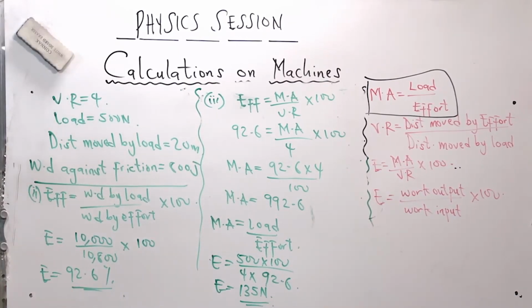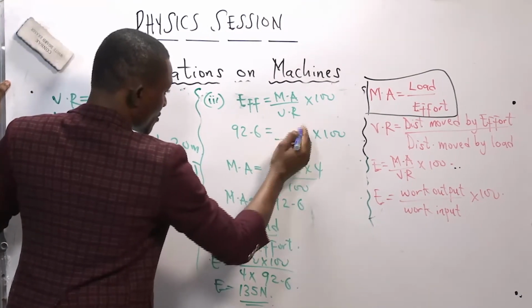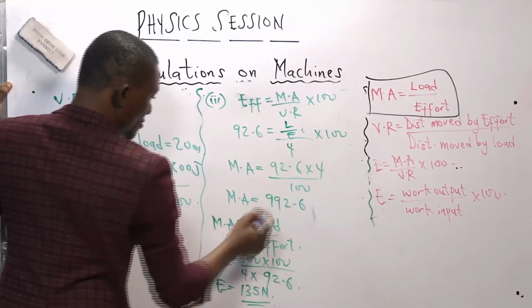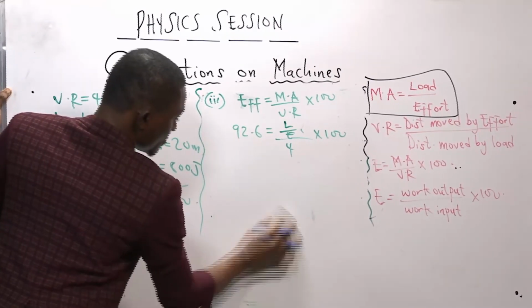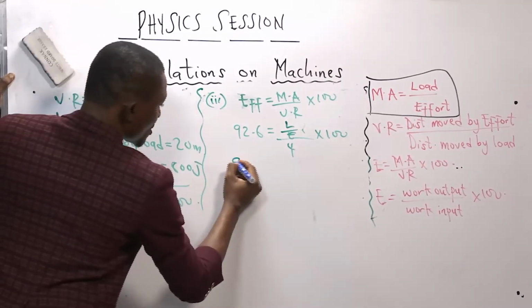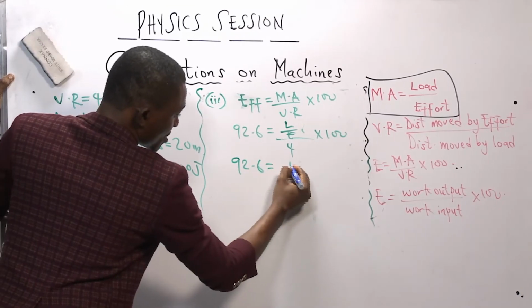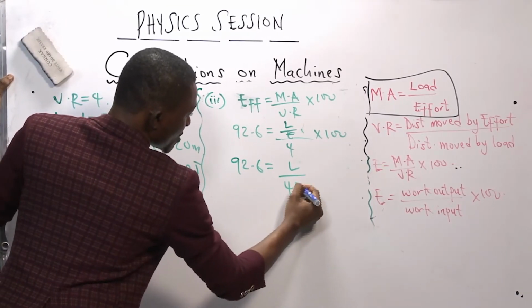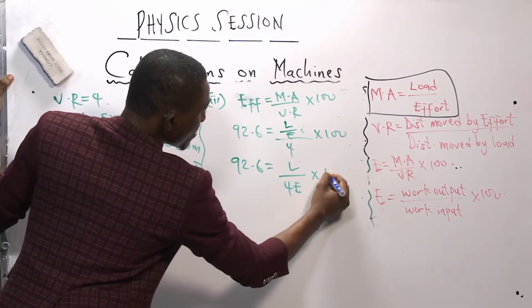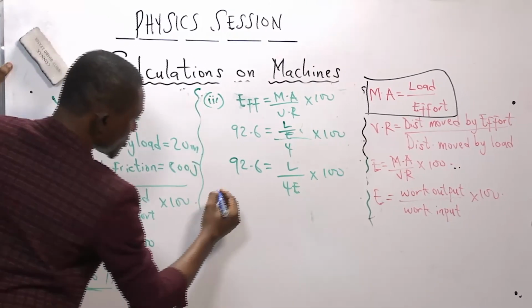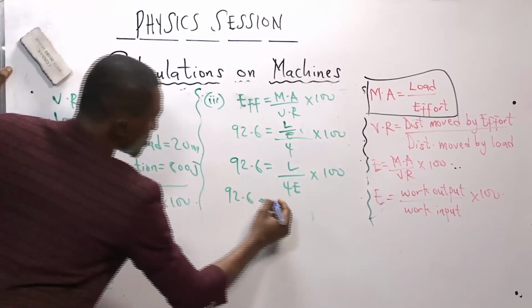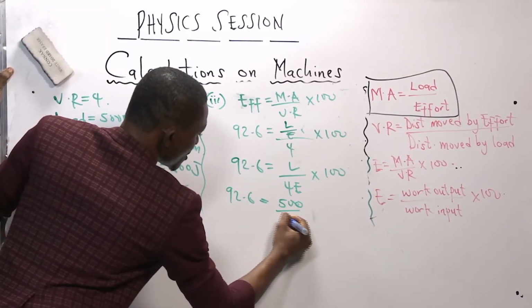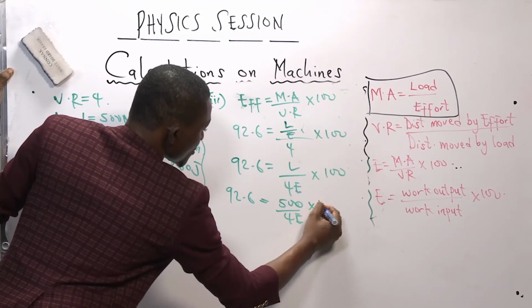So let's take a look at it again. Let me just quickly run through this again. Let me just do it straight. MA is L over 4E times 100, so 92.6 equals L over 4E times 100. Our load was given as 500, so that is 500 over 4E times 100, right?